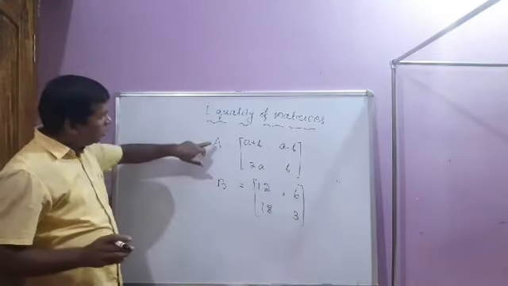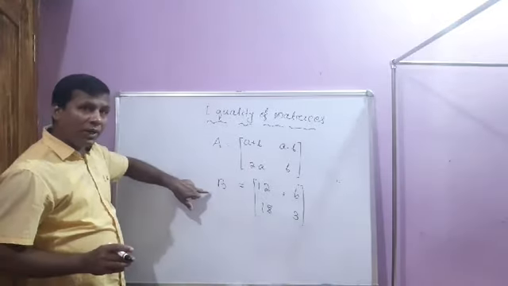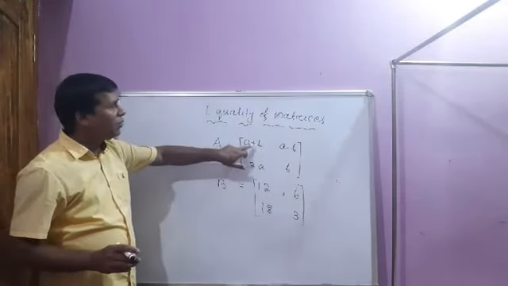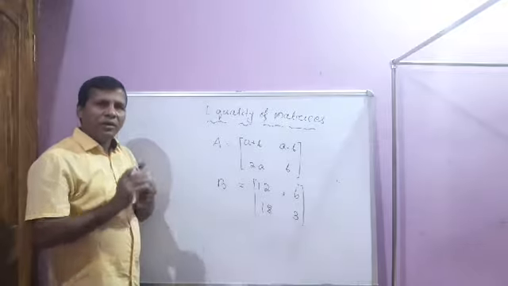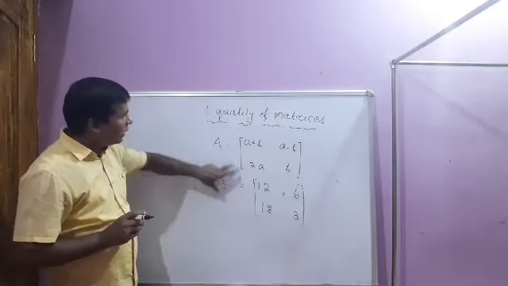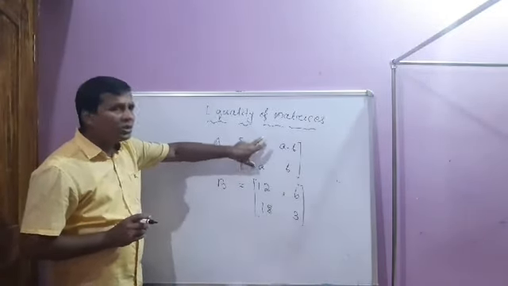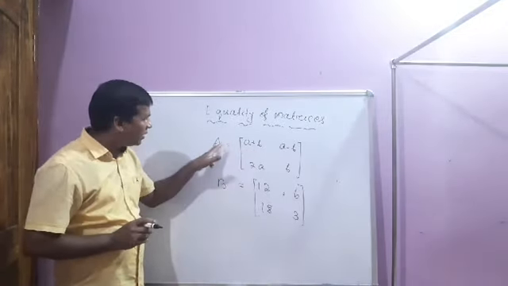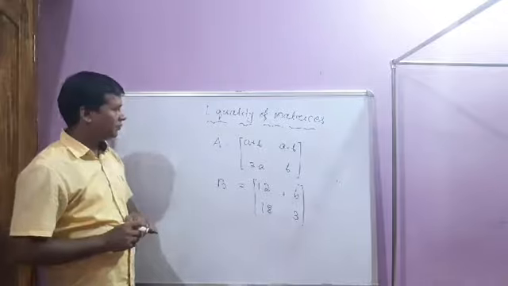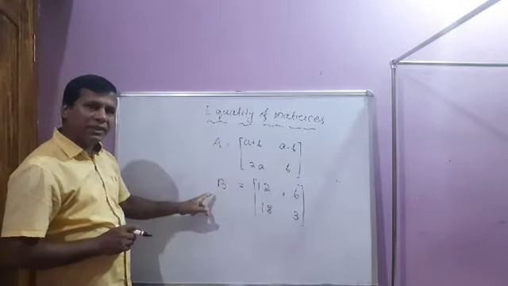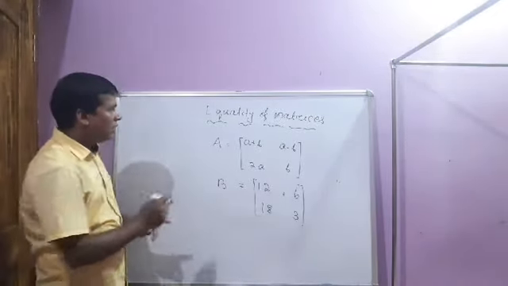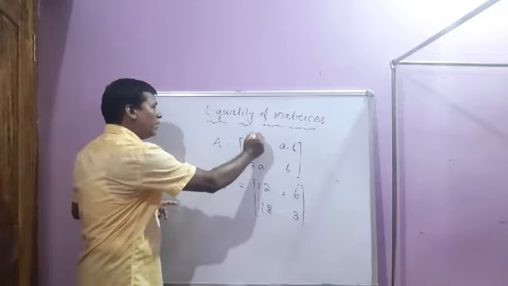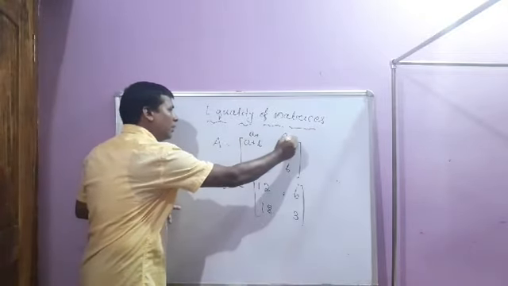If two matrices are equal to each other, find the values of A and B, or find the values of the entries in different positions in matrix A. If matrix A is equal to matrix B, this is A11, this is A12.